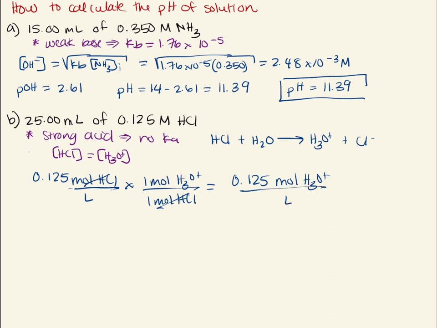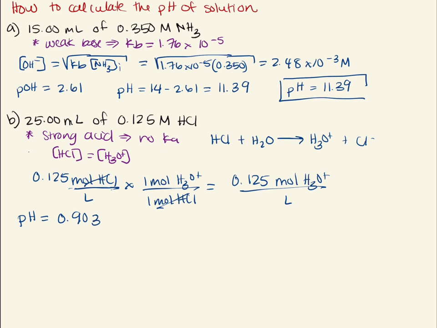So that's how you can see that the concentration of your acid is the same as the concentration of your hydronium ion when you're dealing with a 1-to-1 mole ratio. So to get the pH, I'm just going to take the negative log of my 0.125, and that will give me 0.903.